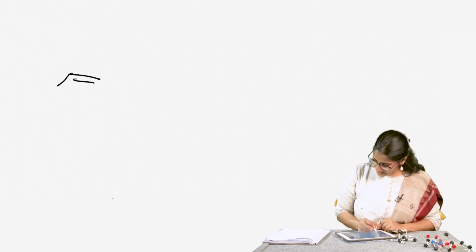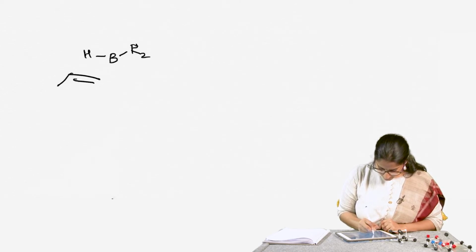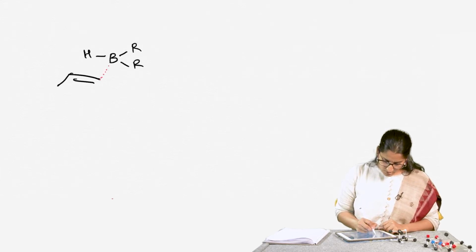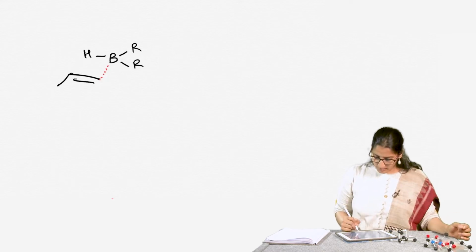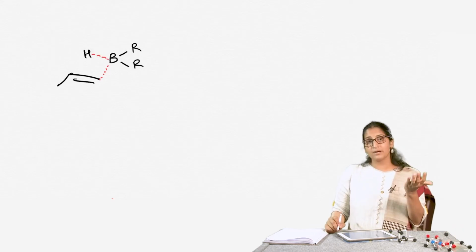Okay. So, let me just represent it on paper. How do we represent it? Let us take propene as our starting molecule, and let us react it with BH3. Right. What we see is that the double bond and the boron slowly start forming a bond. The double bond attacks the boron, as a result of which the bond between hydrogen and boron will slowly start breaking.